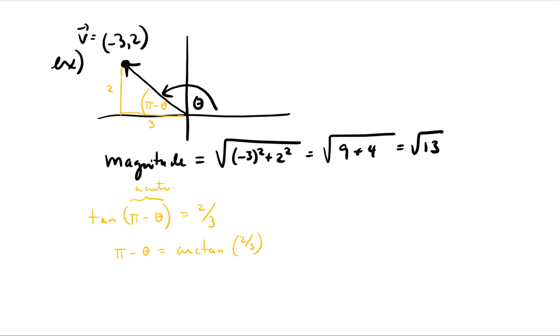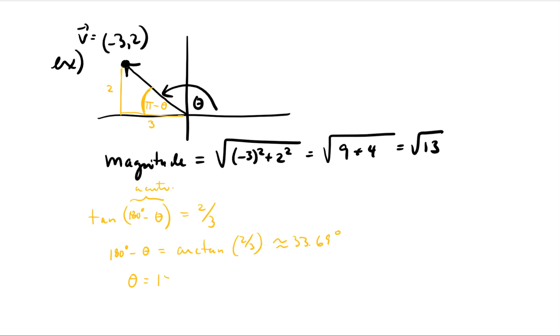And the arctan here is 33.69 degrees. So I've got this angle here, which is 33.69. Maybe I should work in degrees here, because everything's in degrees. I could have worked with radians, it would have worked well, but because I'm working in degrees, I'm going to put 180 degrees.